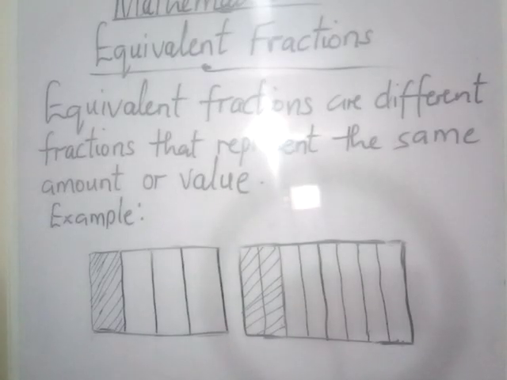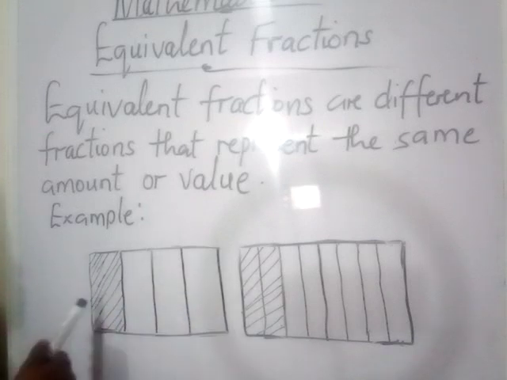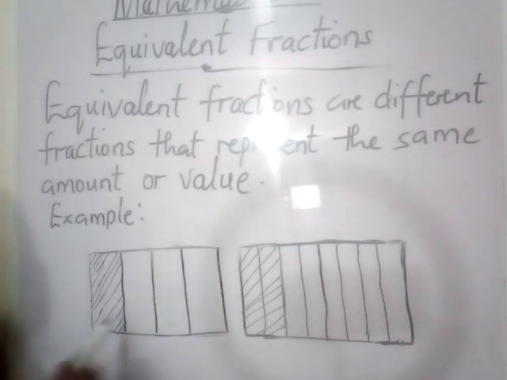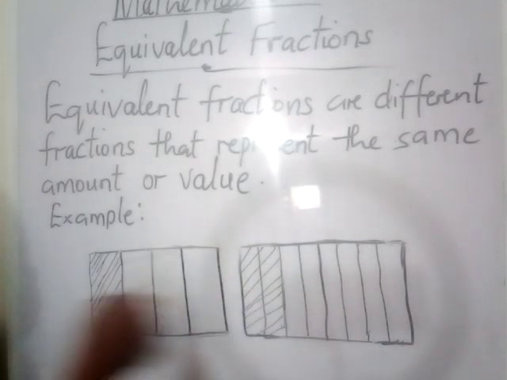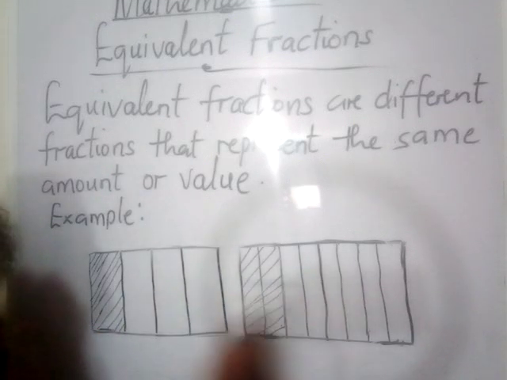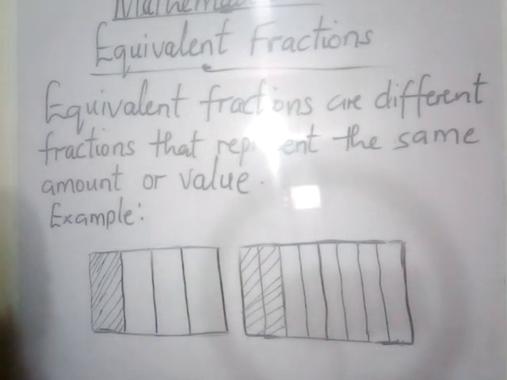All right, so here is another example we're going to look at. Another example of equivalent fractions. So if we look at these two rectangles, the first one here is shared into 4 equal parts. First of all, for a start, it's important to note that the two rectangles are exactly of the same size.